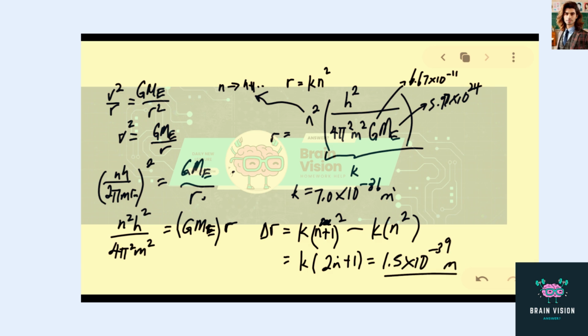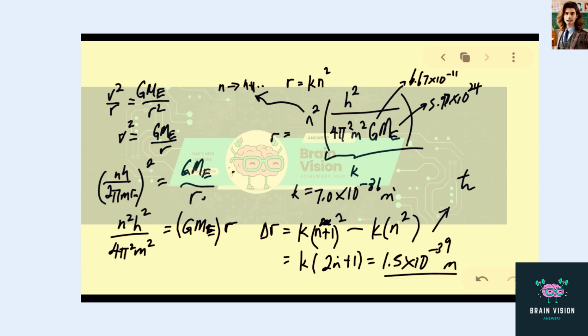Now this is an exceedingly small value. It is even smaller than the Planck length, and therefore it is not an observable size.